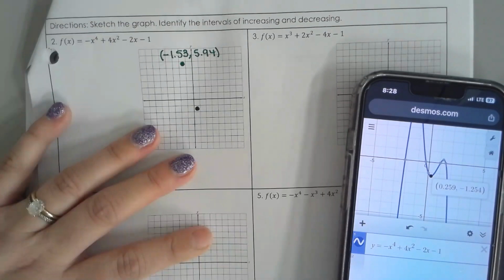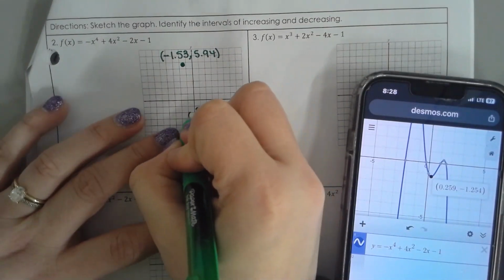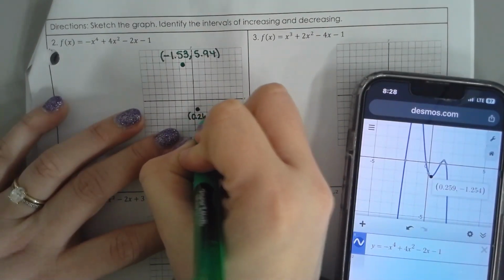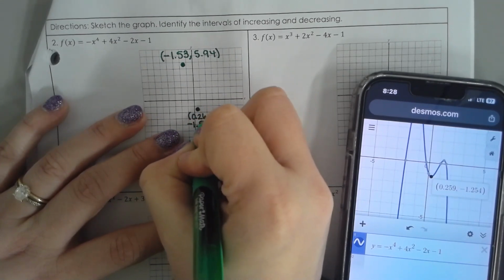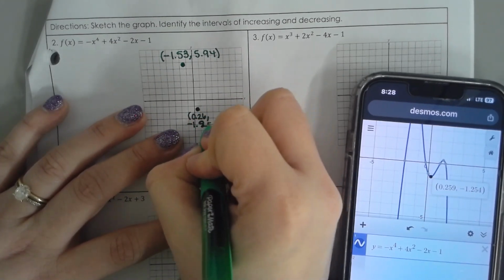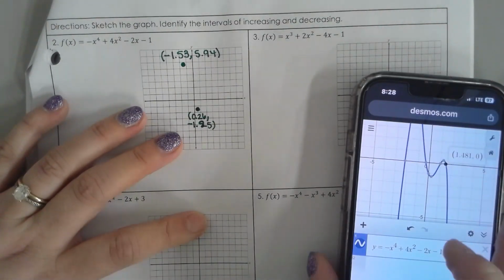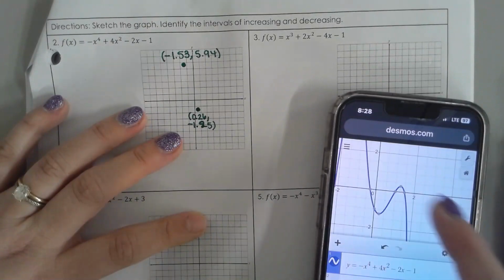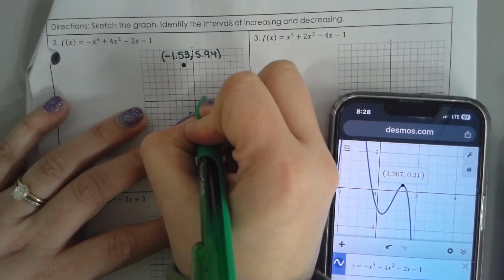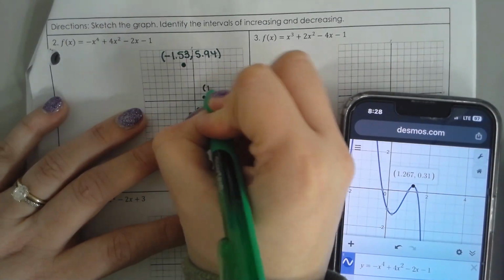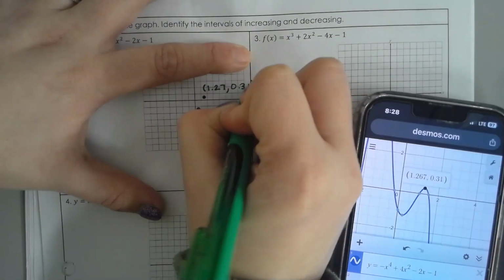Just get it as close as you can. Missed my number there, 2.5. And then we've got, oops, not that one. There we go. 1.27, 0.31.